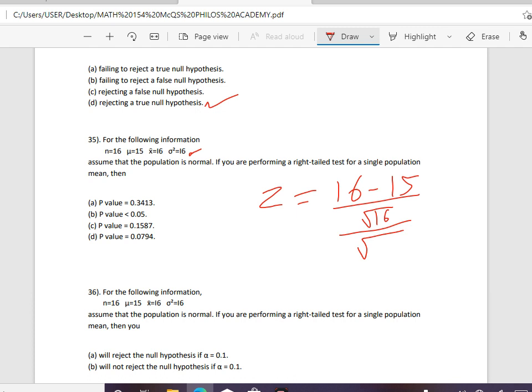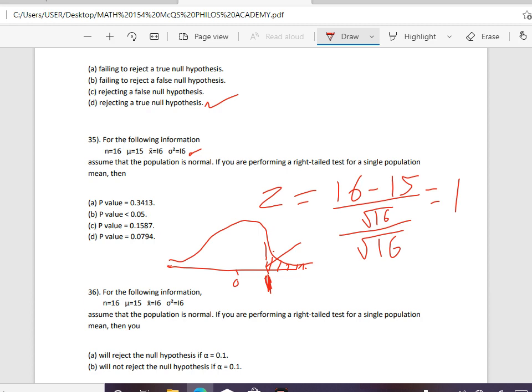And our n is 16. When you fix this on your calculator, you get 1. And the p-value means that if 1 is here, it's a right tail test because it's a positive value. So we should find the area at the right tail. That's the meaning of the p-value.